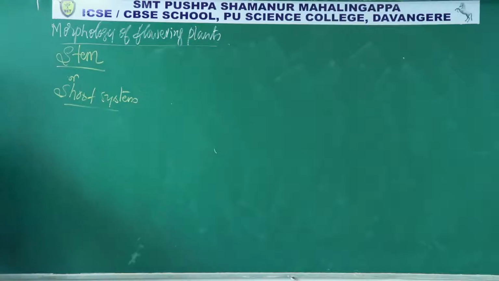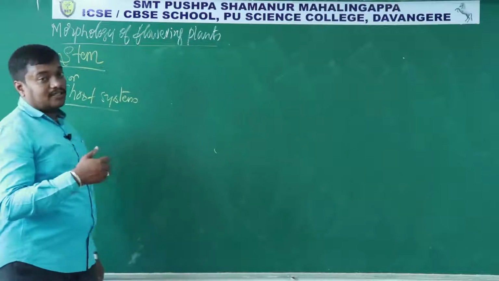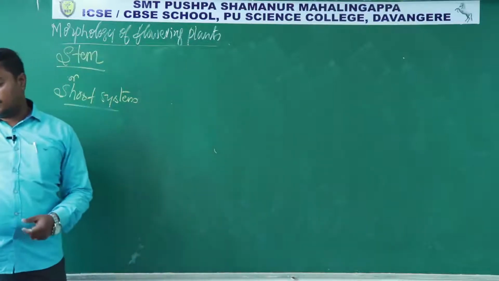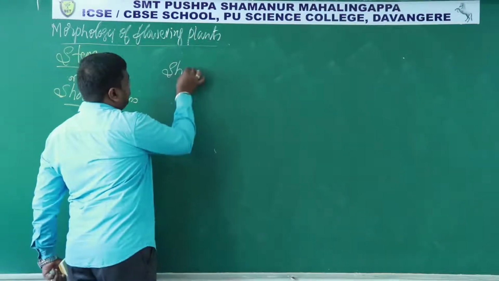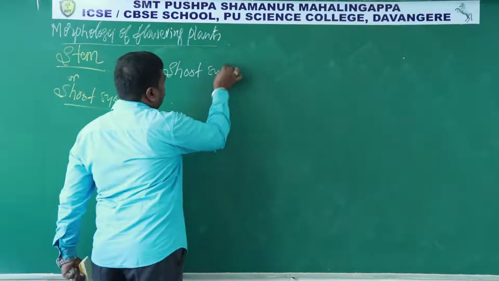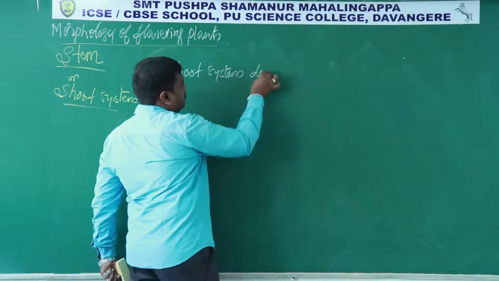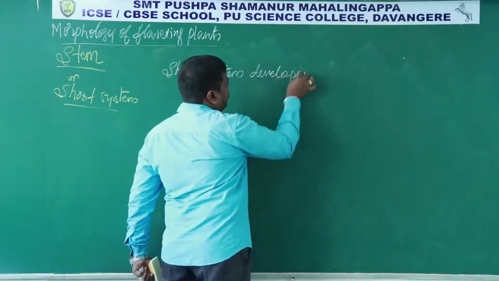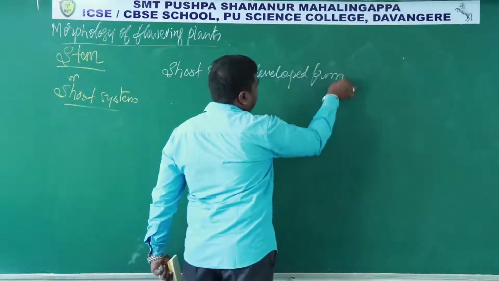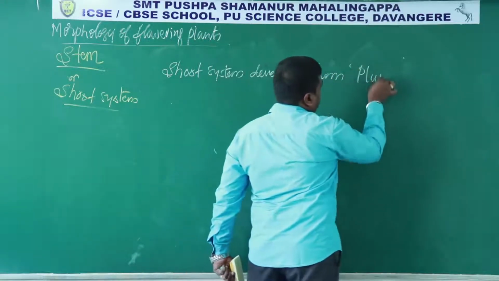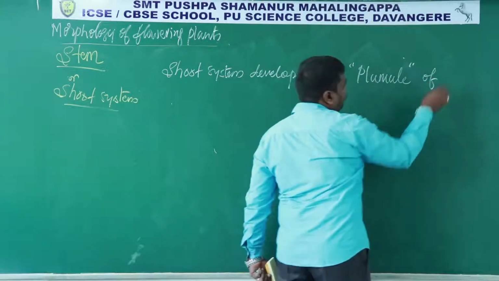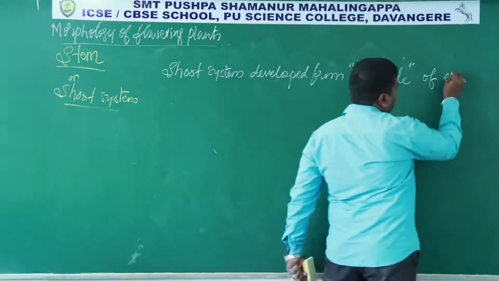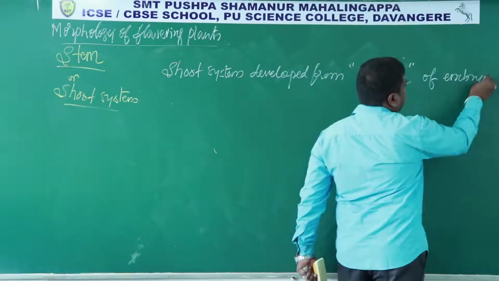In the previous class itself we discussed which part of the embryo gives rise to the shoot system. So this shoot system is developed from the plumule of the embryo.